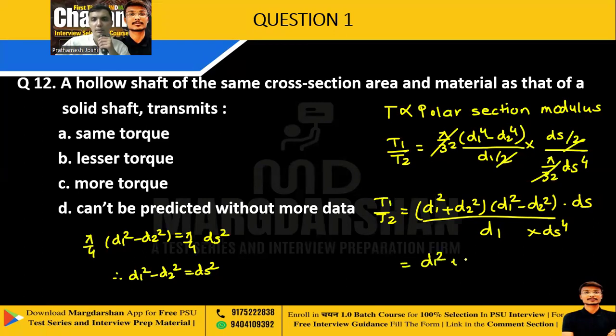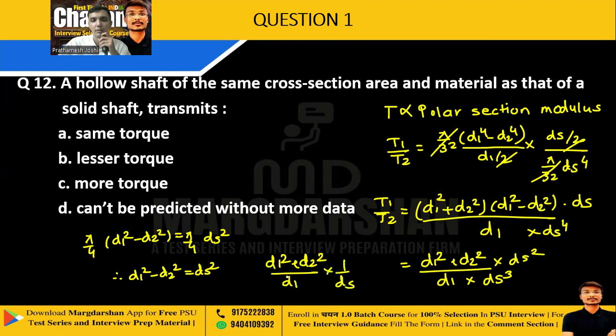So (d1² plus d2²) upon d1, नीचे आएगा ds³, और ये ds². फिर क्या बनेगा कि ds² आएगा तो ऊपर से ds कटना चाहिए. So this should be (d1² plus d2²) upon d1 into 1 upon ds, सॉलिड.